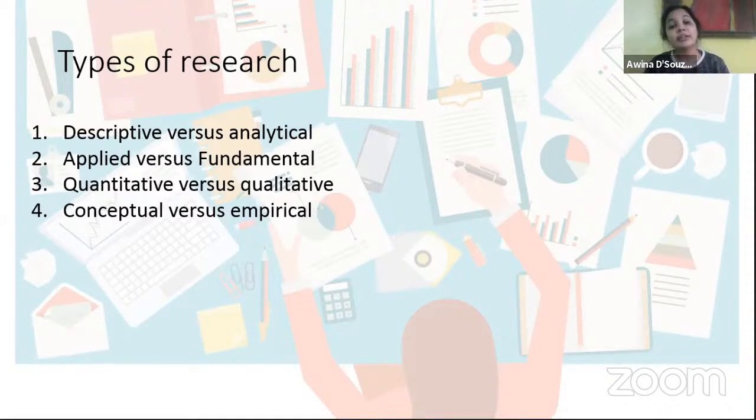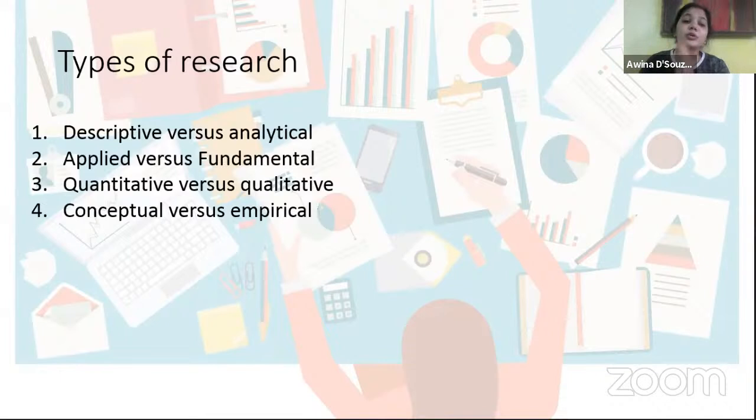Whereas in fundamental research, you try to develop solutions within the population. In applied, the solution is already there within the population, but you're trying to analyze it and put it together. But in fundamental, you're trying to make new interpretations, new inferences, and new solutions to the problems.